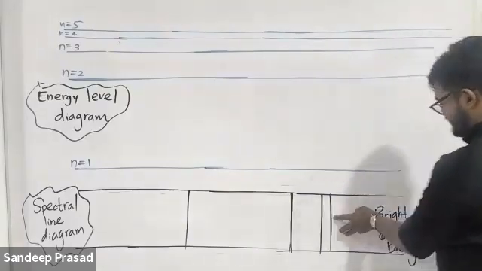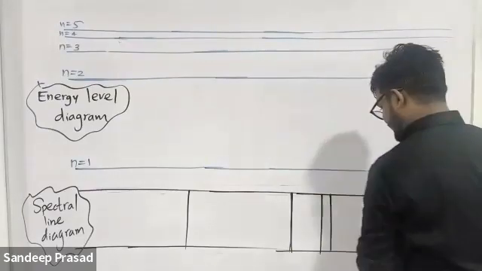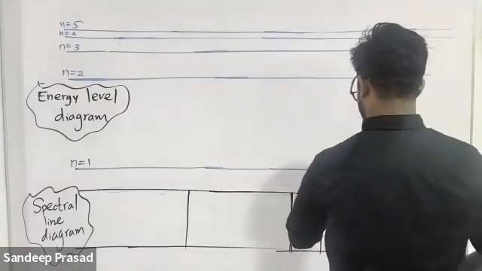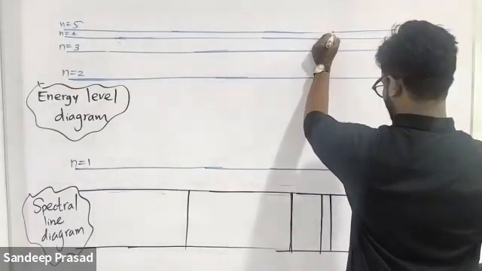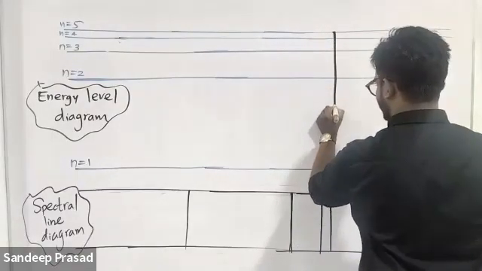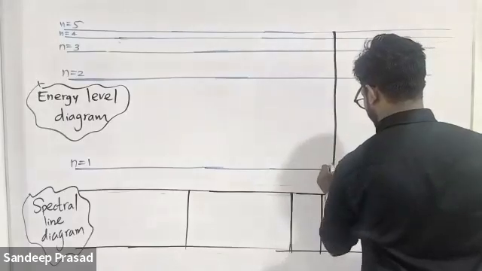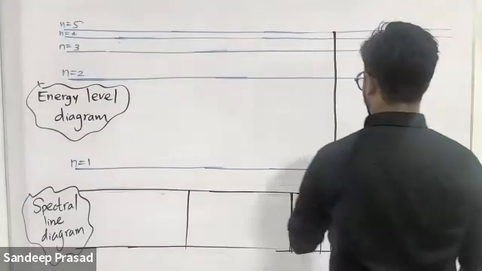Now look at this. This is the first spectral line you can see from the right hand side. This spectral line is representing that electron is moving from n equal 5 to n equal 1. This is the corresponding electron transition. Understood?